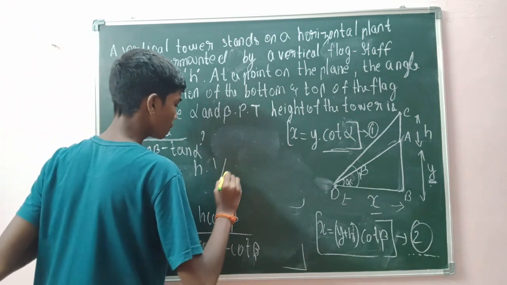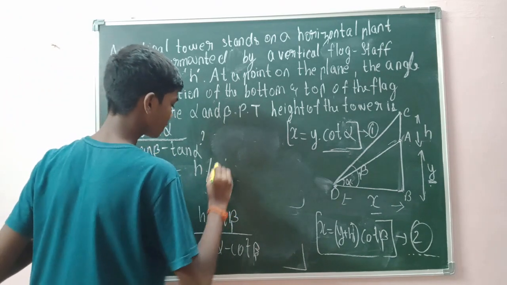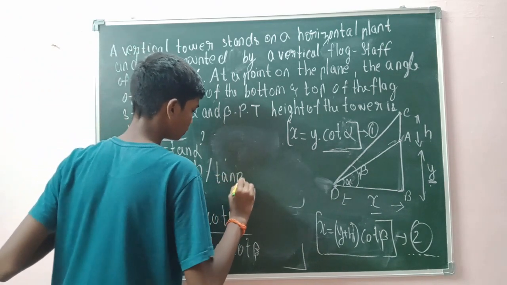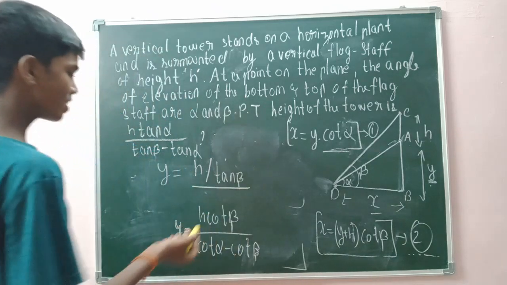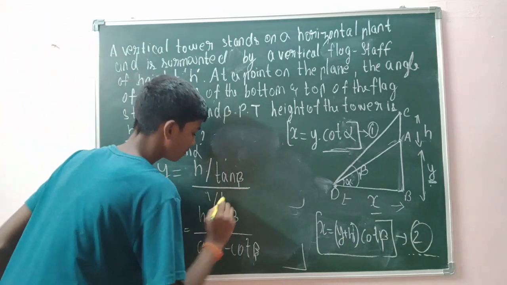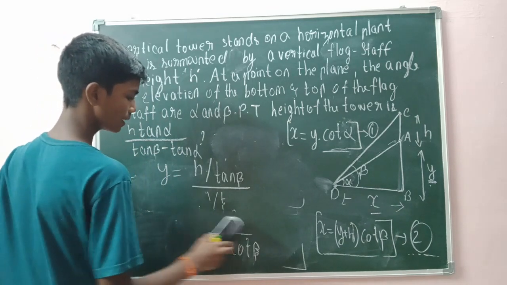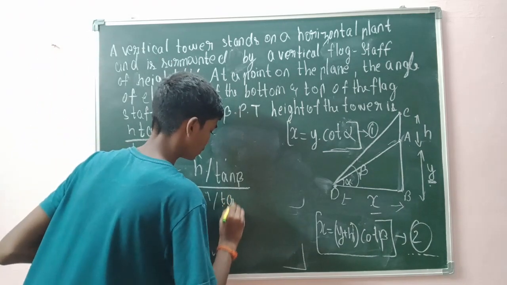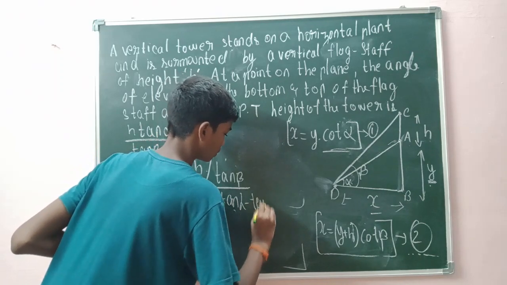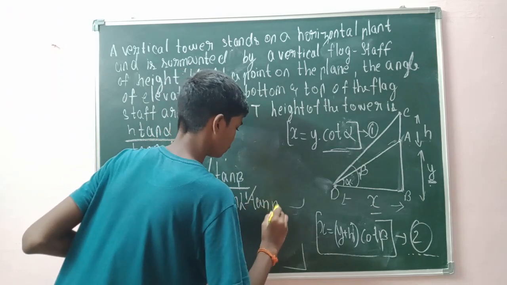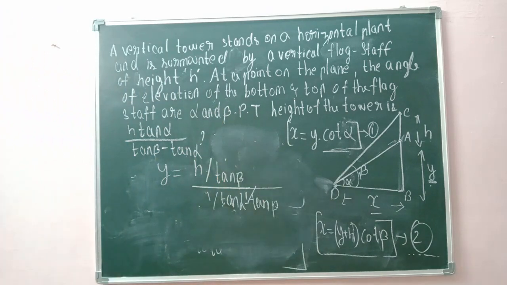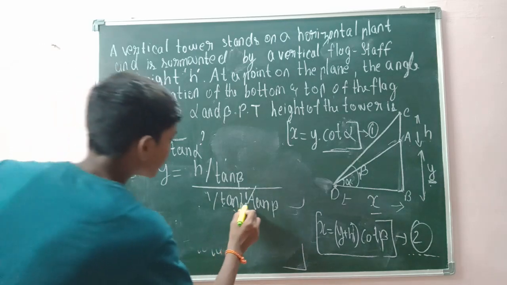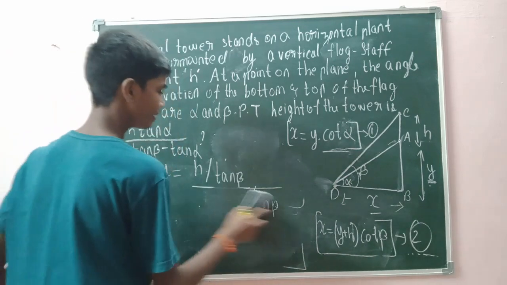I can write h cot beta as h by tan beta, divided by cot alpha, which I write as 1 by tan alpha minus 1 by tan beta.